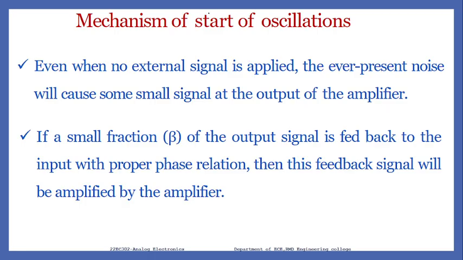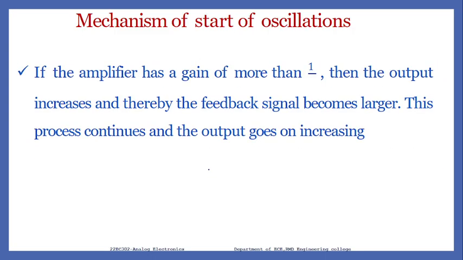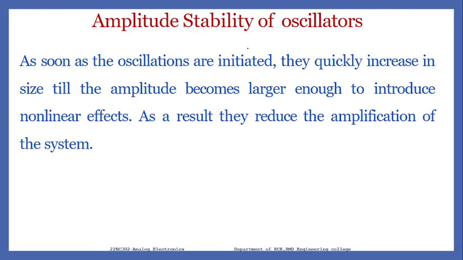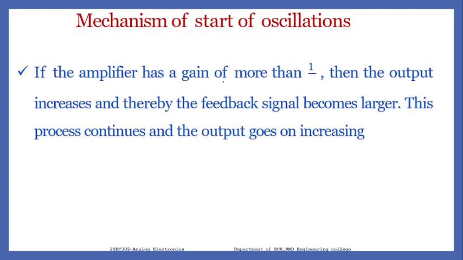This will help you understand the mechanism of how oscillation is created without giving any AC input signal. We have already said that a small fraction of the output is fed back as the input with the proper phase so that it will act as an oscillator, right? Here, some noise will actually be generated.